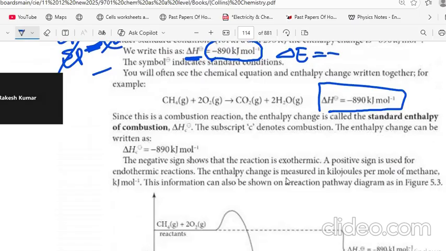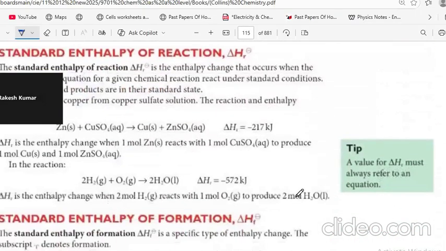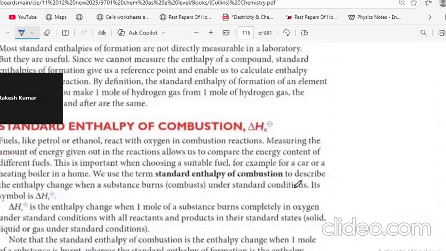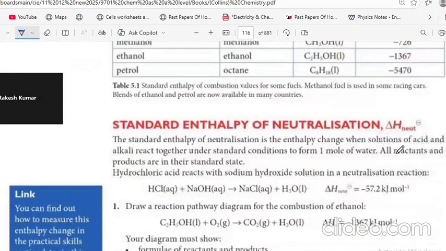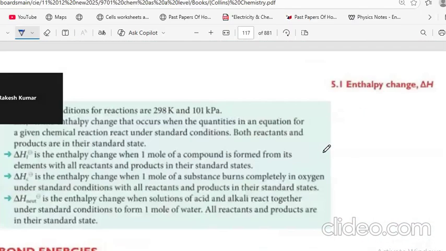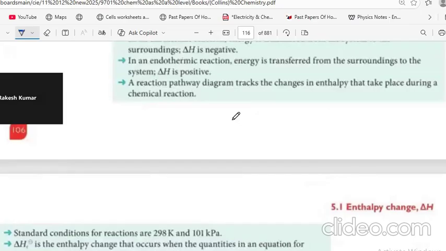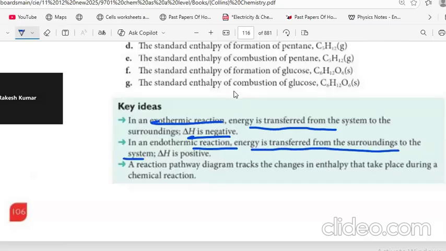Whenever you have a negative term, that means it is exothermic, and whenever you have a positive term, it is endothermic. Most of the reactions you will find are exothermic, but there will be some endothermic ones. In exothermic, delta H is negative, and energy is transferred from the system to the surroundings. In endothermic, energy is transferred from the surroundings to the system, and delta H is positive.